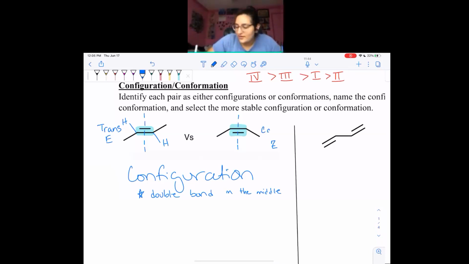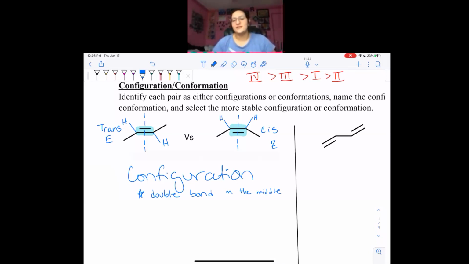The other way we can call it is this. And that's when the priority group is on the same side. Something I want to mention is in Orgo 1, I don't remember if they were super strict about when to use cis versus E, Z. But in this class, if it's configuration, we're going to use EZ just to keep things simple.